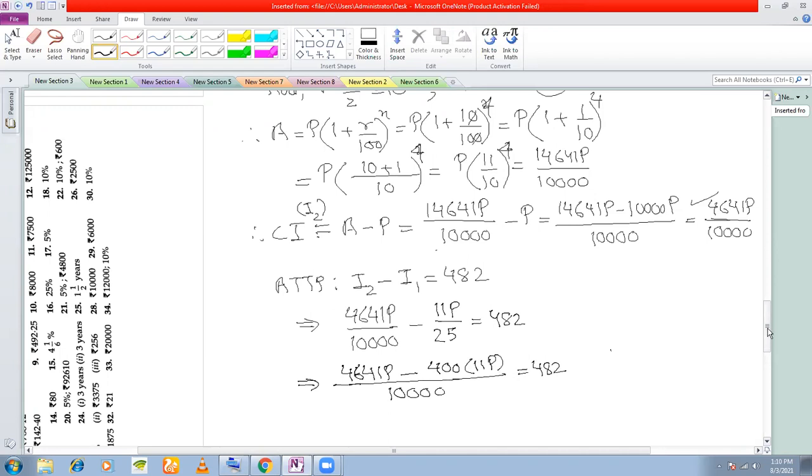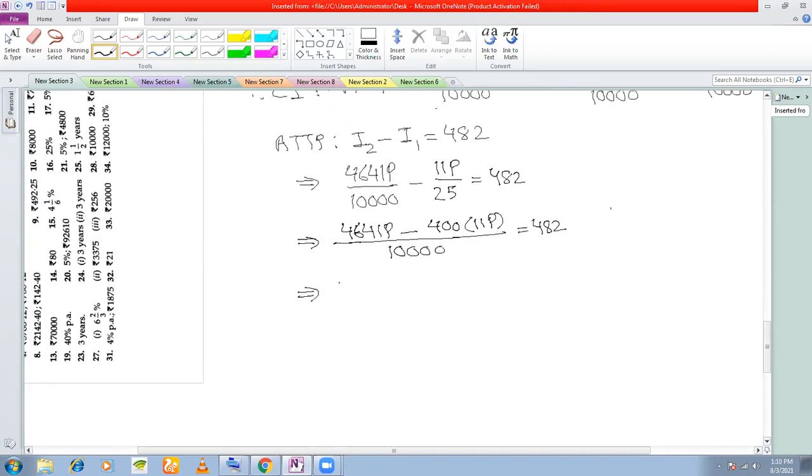All of you agree? Minus 400 into 11P will be 4400P. Now you subtract 4641P minus 4400P, which will give you 241P equals 482. Now you cross multiply.